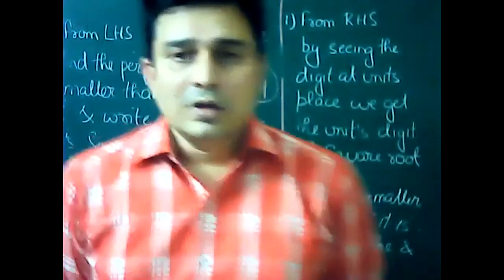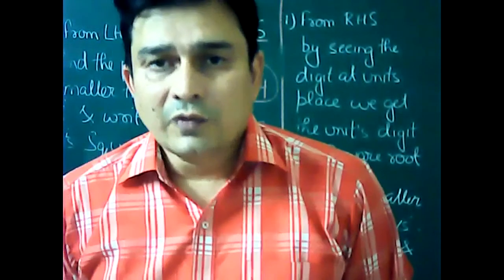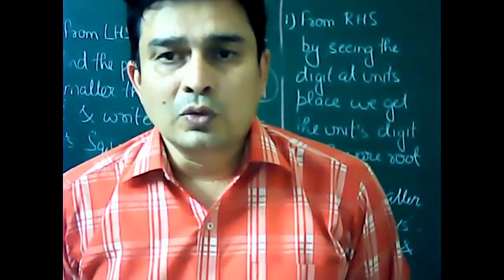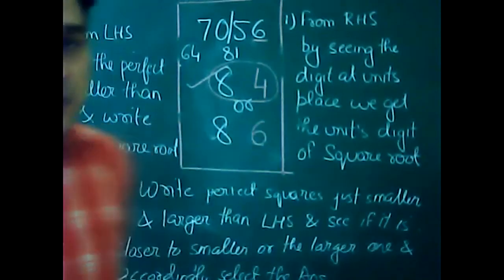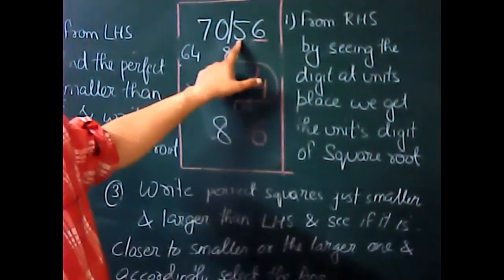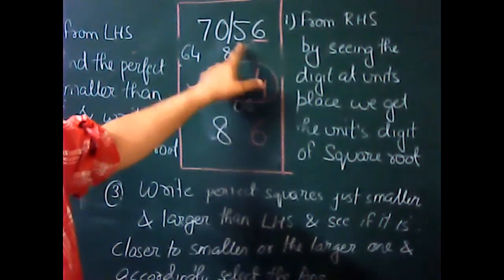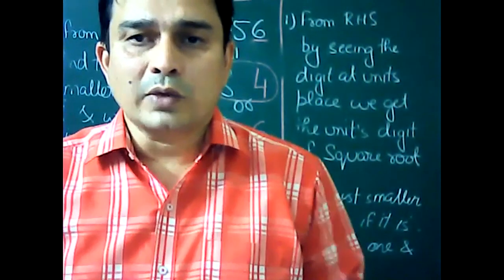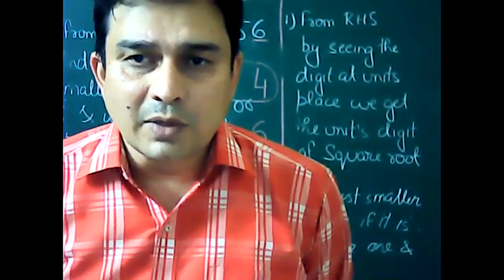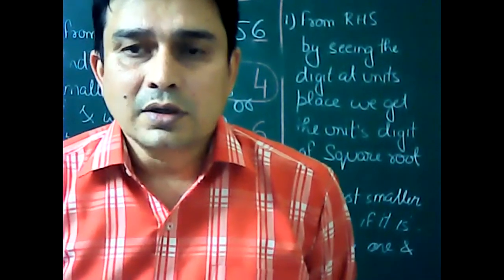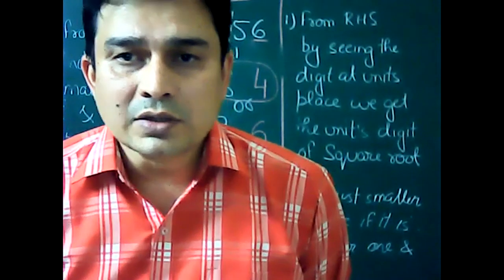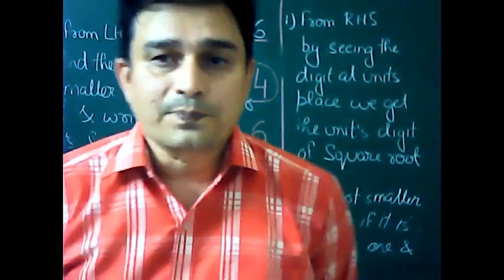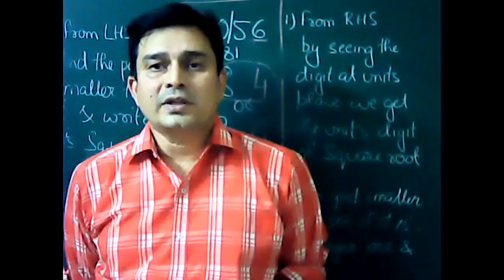Now, in the next class, we will practice few more questions and then we will move to the next technique, which is finding the square root of 5-digit numbers. To calculate the square root of a 5-digit number, you must know the squares till 32.